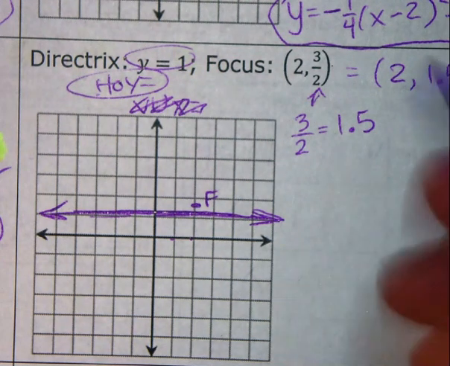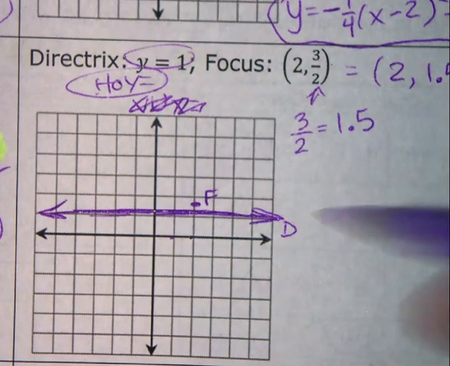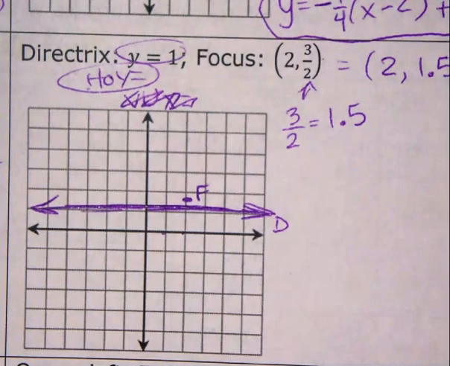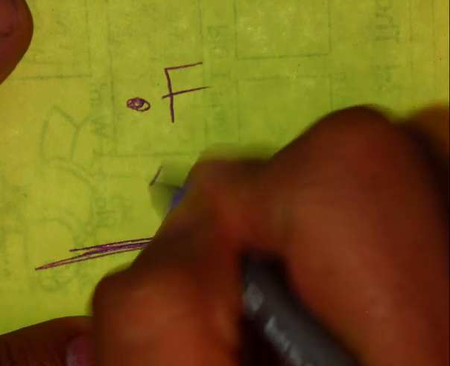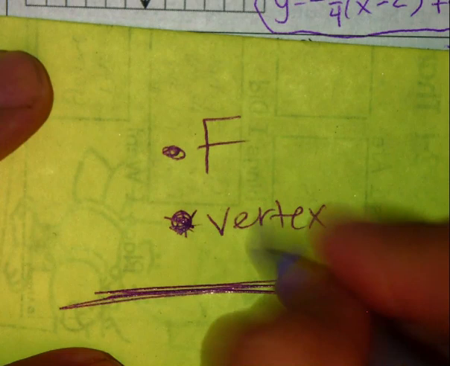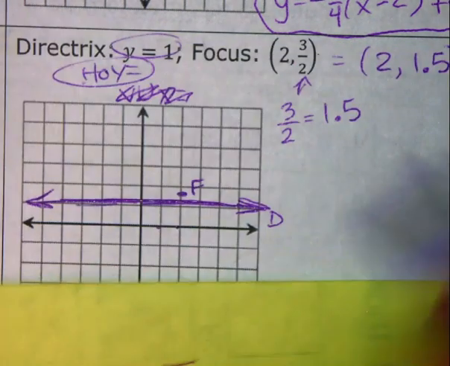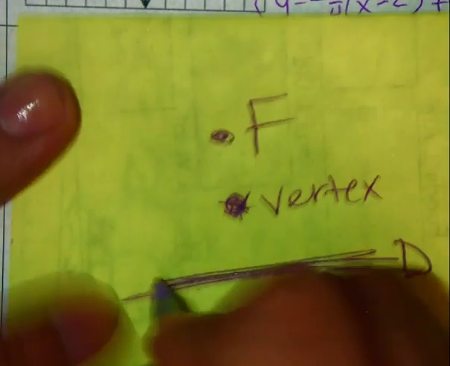Okay. So now we need to realize what we have here in front of us. We pretty much have a line and a focus. So we need to remember that in between these two, there is a vertex. I know it's super tiny in the sketch, but as far as values go, the y value for the directrix is 1, as you notice right here.